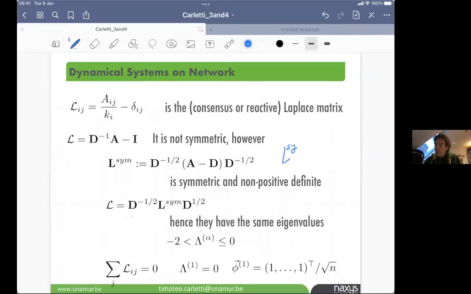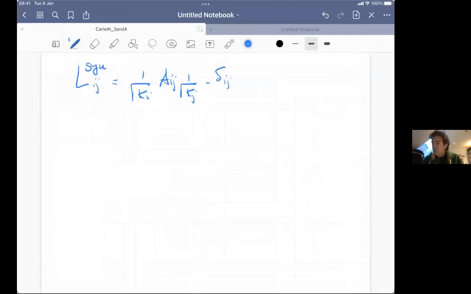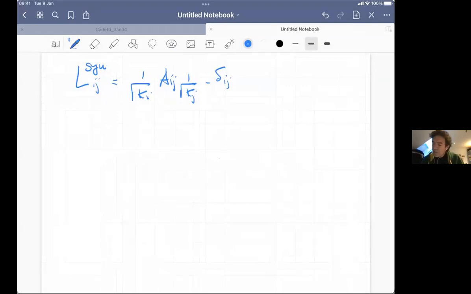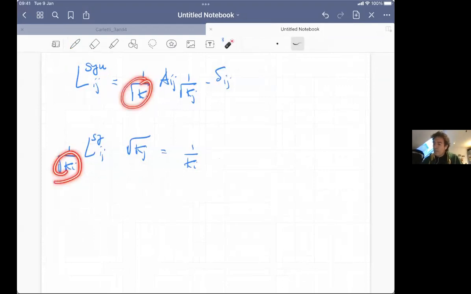Then I multiply to the left by the square root of the degree and to the right by the square root of the degree. So if I divide by square root of Ki L symmetric Ij, and then I multiply to the right by square root of Kj, I obtain square root times square root, which gives you 1 over Ki.